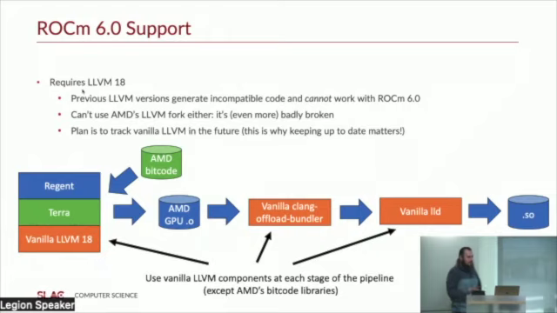But at the moment, if you use just the standard LLVM distribution and it is new enough, then we're okay. It needs to be exactly LLVM 18. No other version works, period. So that's just one thing to keep in mind.